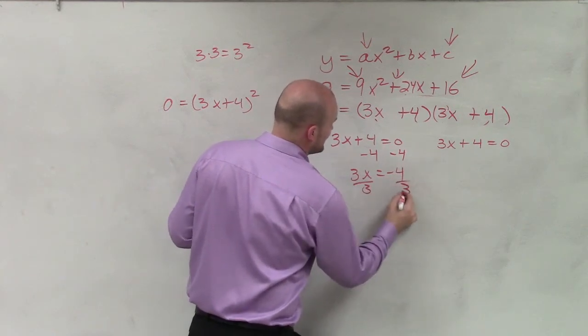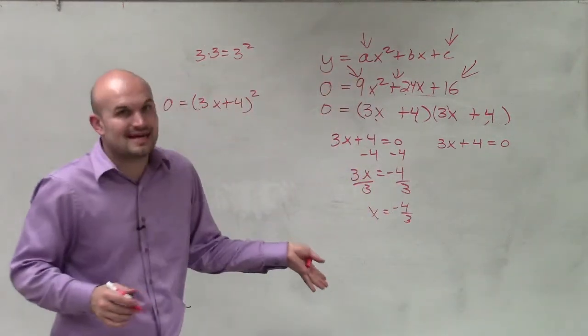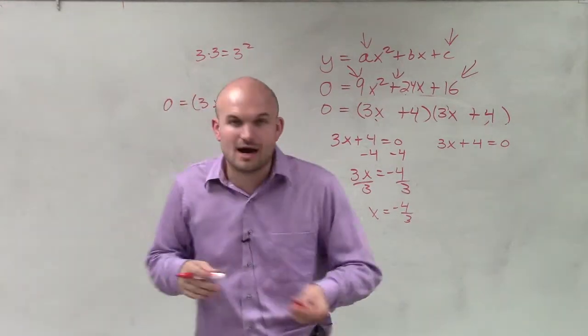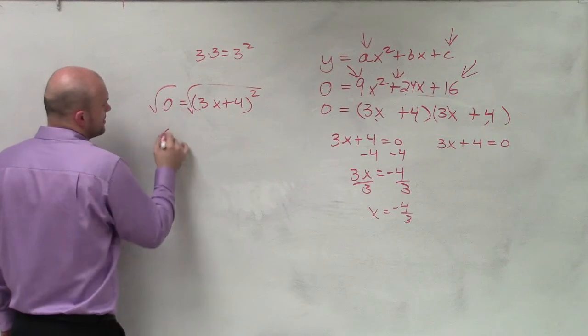I'm not going to do it twice. x equals negative 4 over 3. You can see I get the exact same answers. But now let's see how it would work with the square root method. The square root method is just using your inverse operations.